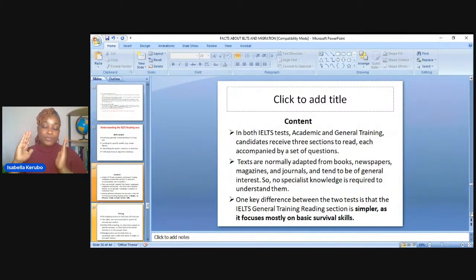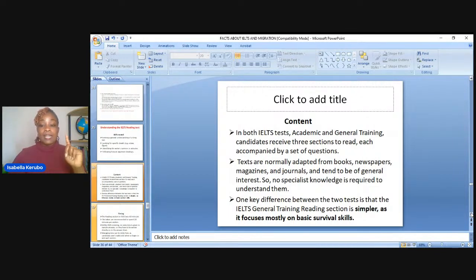Section number 2, it's a totally different text with its own set of questions. And section number 3, another text with a set of questions. So both reading in IELTS academic and IELTS general training have 3 sections, 3 texts that you'll be reading, and 3 sets of questions.